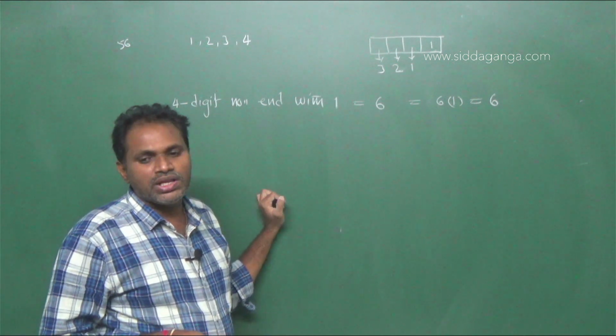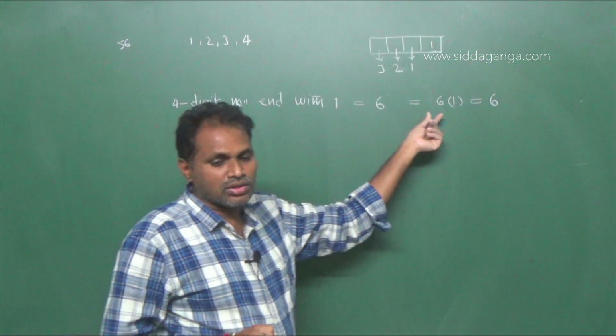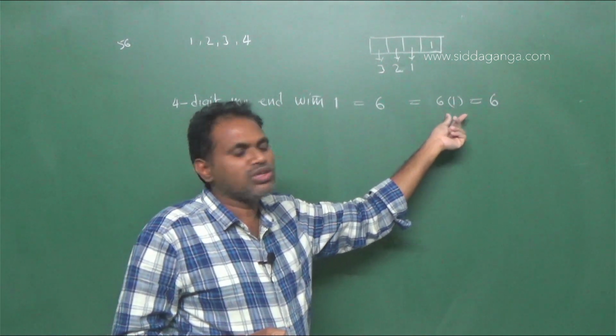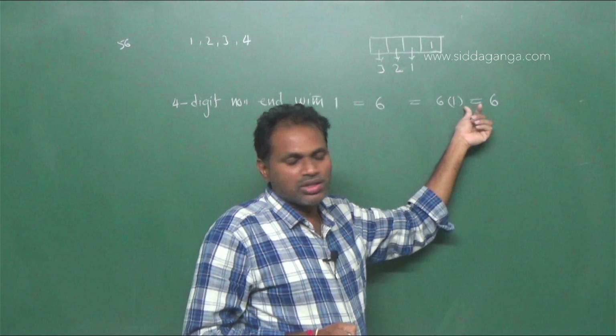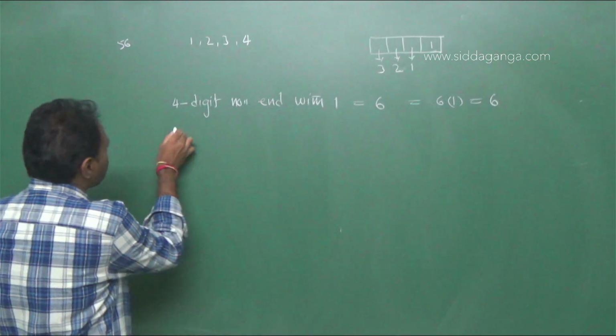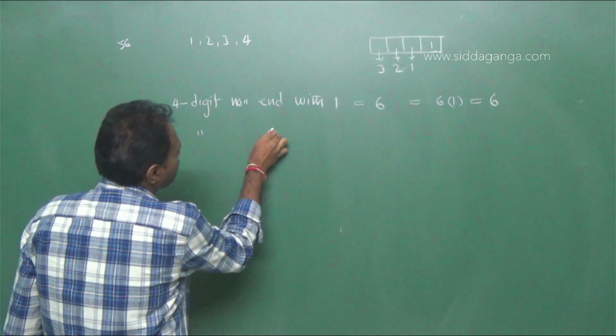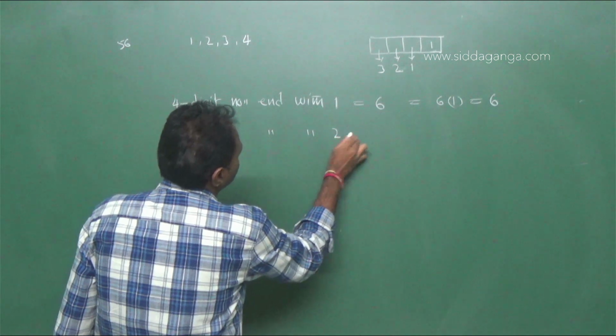Therefore, the sum of the digits in the unit place is 6 into 1, which is 6.